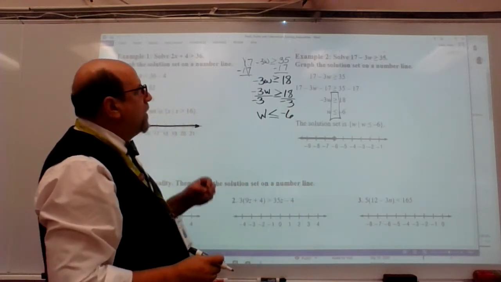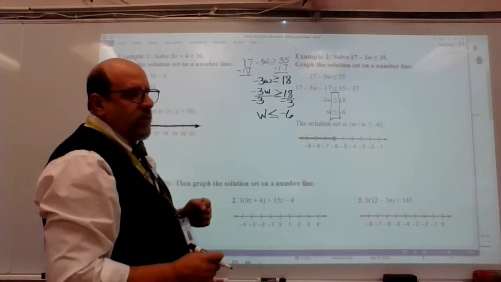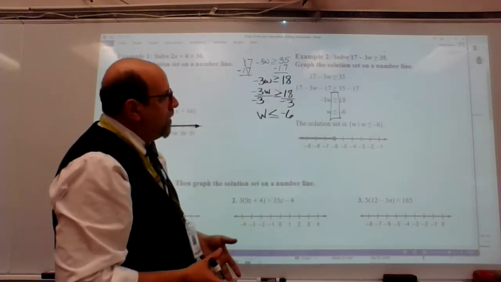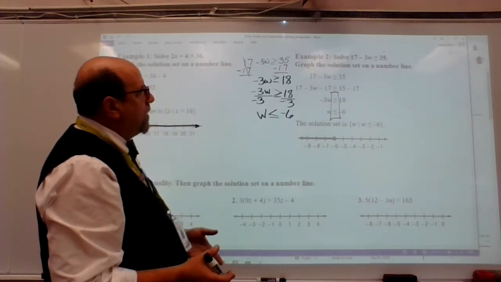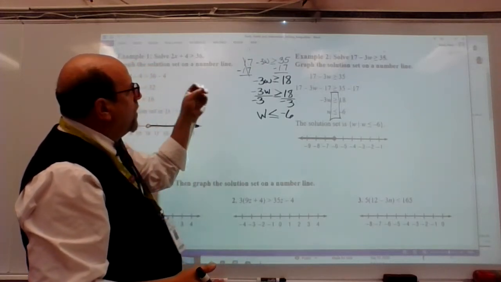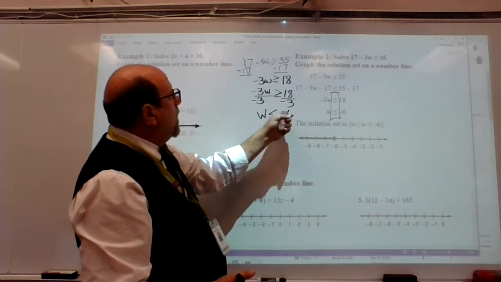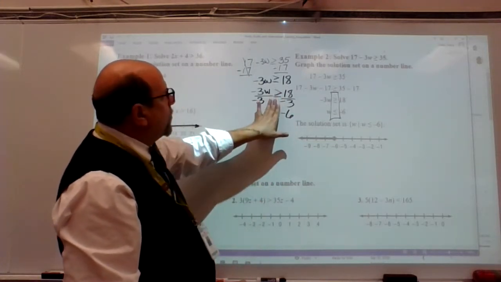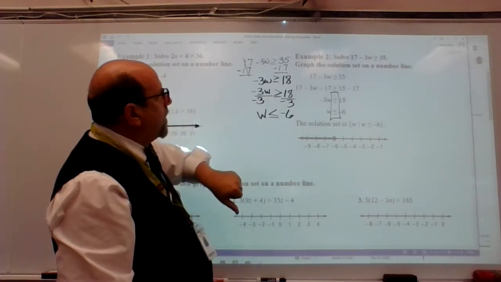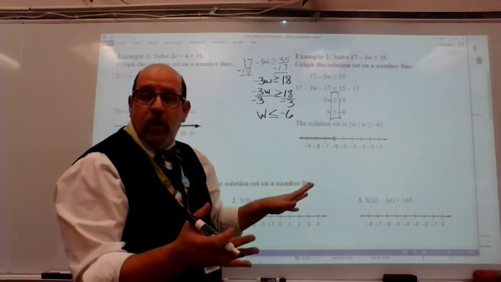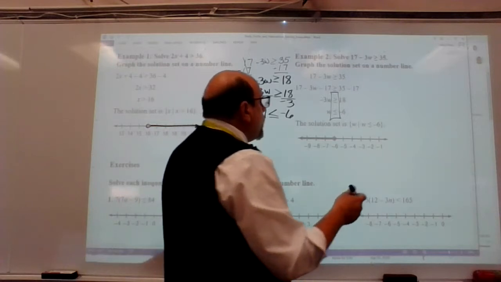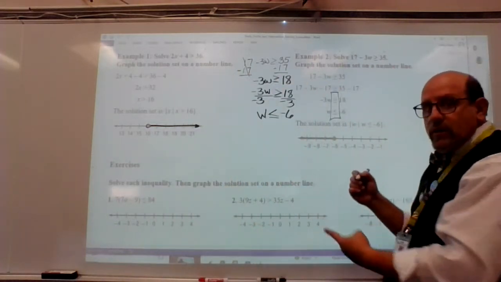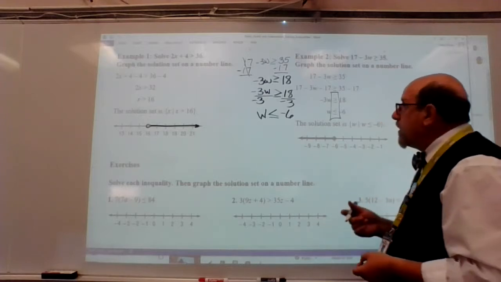Now, what if I'd left it alone, right? I'm looking for numbers that are greater than 35, all right? So what if I just left it alone? And let's find a number that's greater than negative 6, just for fun. A number that's greater than negative 6, let's put in a 1. 1 is definitely greater than negative 6.